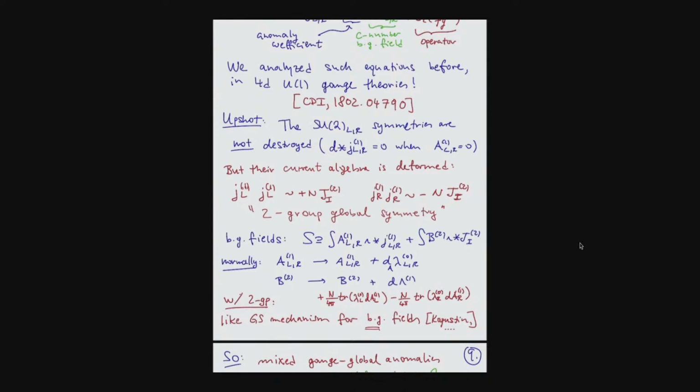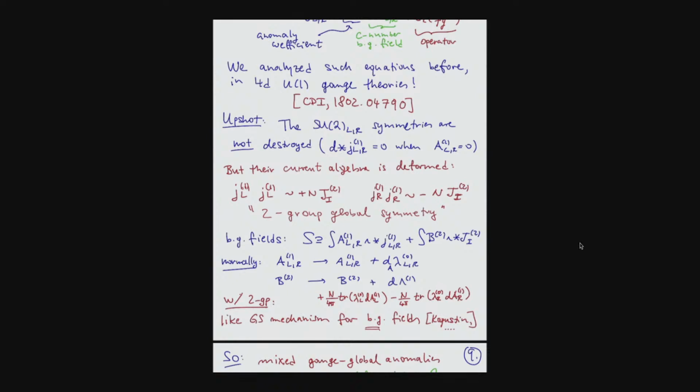There is one crucial difference, which is very important, which is that the ordinary Green-Schwarz mechanism is for dynamical gauge fields. So in other words, the B field in string theory is a dynamical field, and the gauge fields are dynamical fields, and everything is a dynamical field, and the gauge symmetry and all the symmetries involved are genuine gauge symmetries. So they're redundancies.